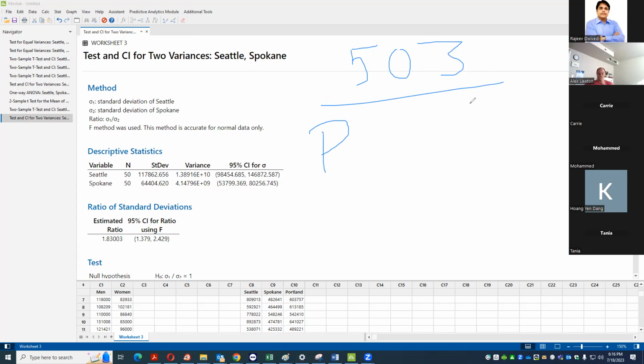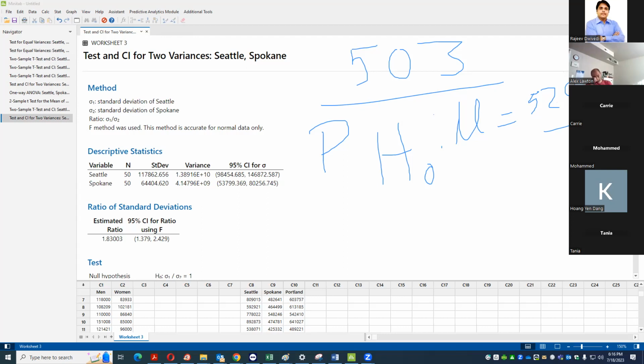We don't have the 2 sample population standard deviation or variance. It was only because we used to compare, like H0, mu equal to 525,000. So basically we assume the housing prices in Seattle or Spokane.